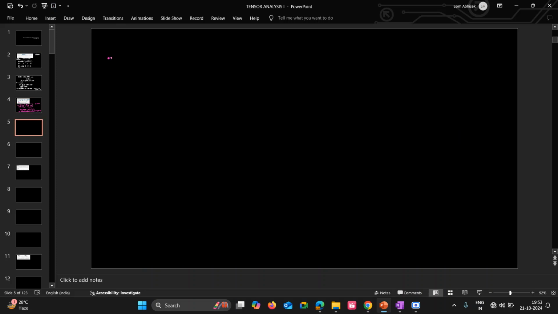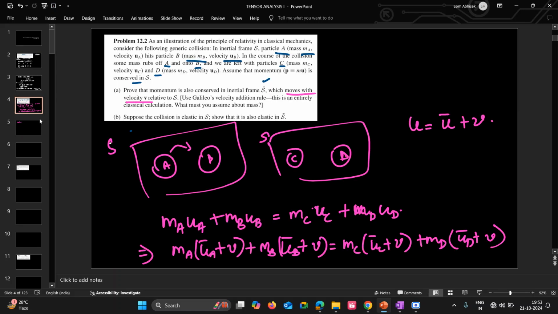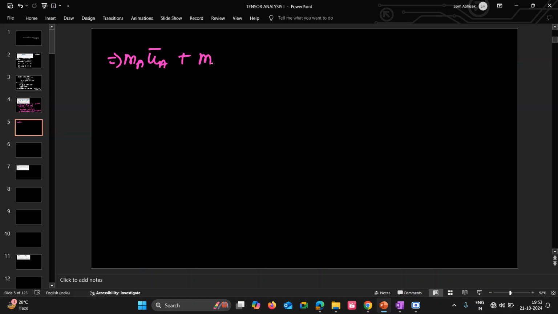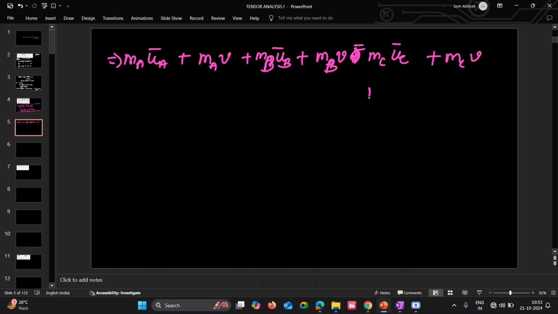It will become MA UA bar plus MA V plus MB UB bar plus MB V is equal to MC UC bar plus MC V plus MD UD bar plus MD V. Okay, this is the equation for it.